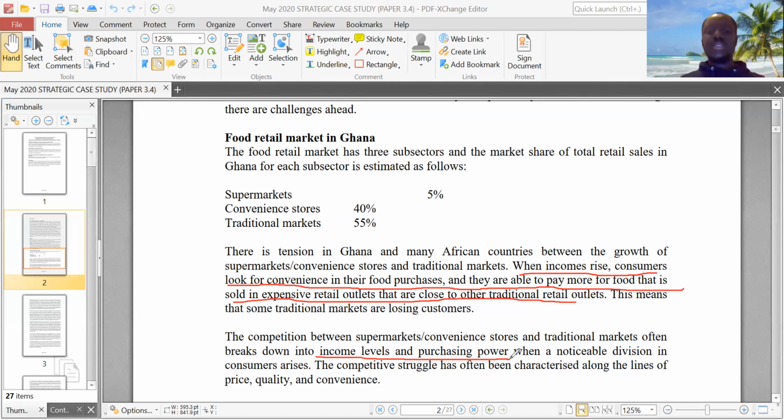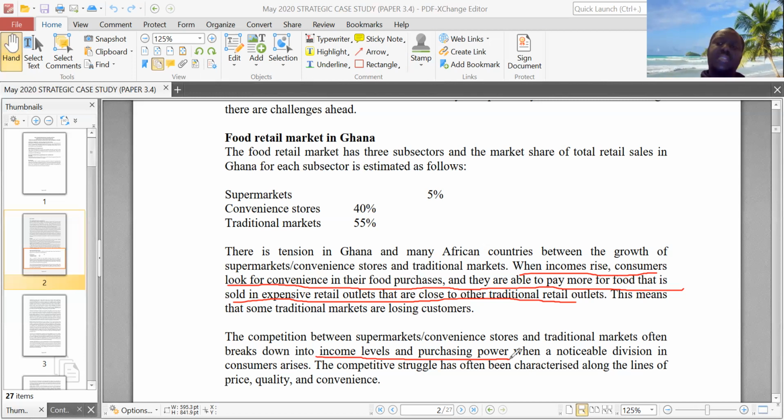When incomes rise and disposable income available to customers increases, they're able to purchase more or purchase what they want. They have options. And so it's likely that you see movements from the traditional market space to the convenience stores / the supermarkets.